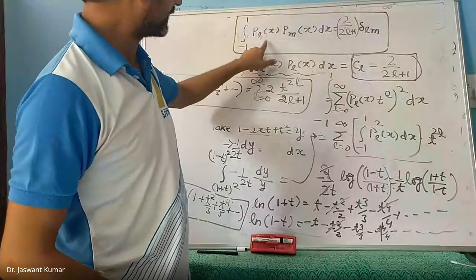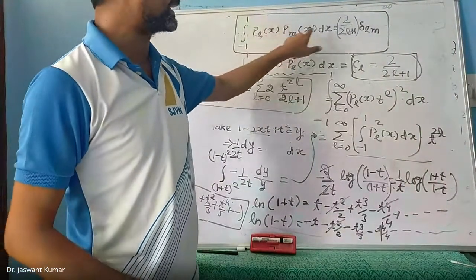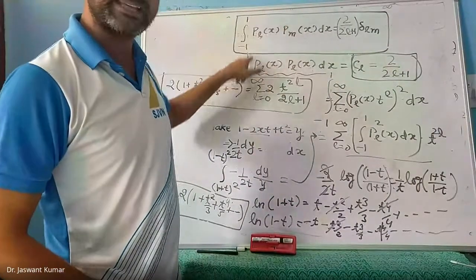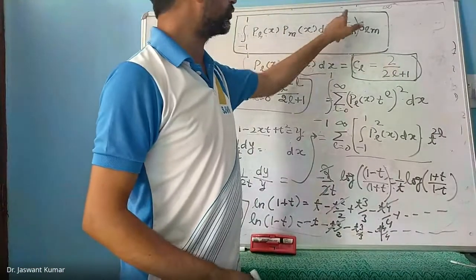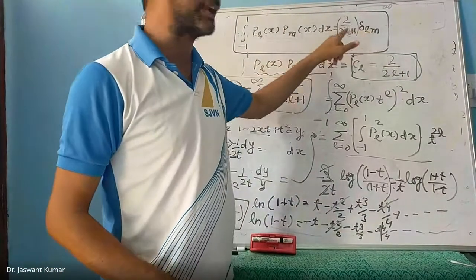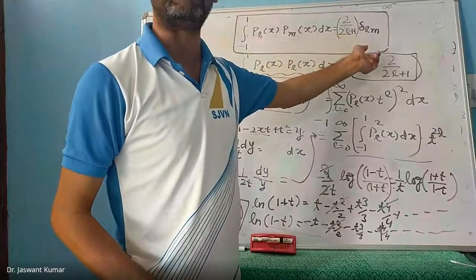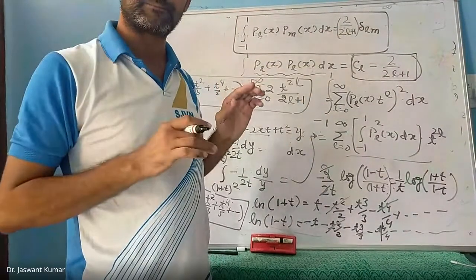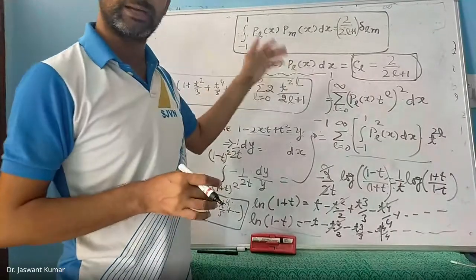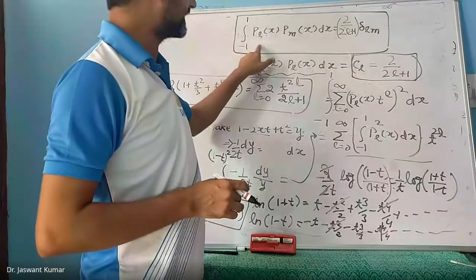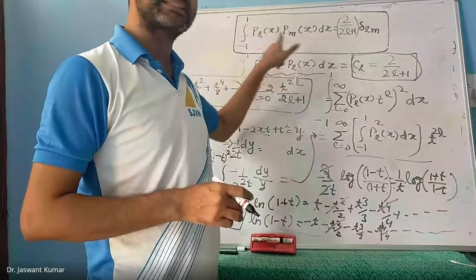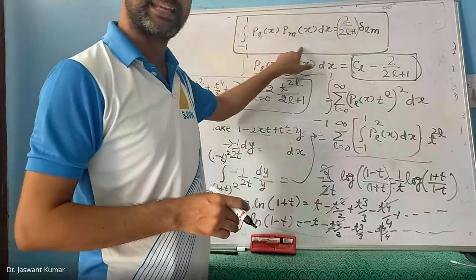So what will be, for example, the integral of P7(x) squared dx between minus 1 and 1? That will be equal to 2 by 2 into 7 plus 1, so that term will be equal to 2 by 15. You can also do the integration of P73(x) squared dx.